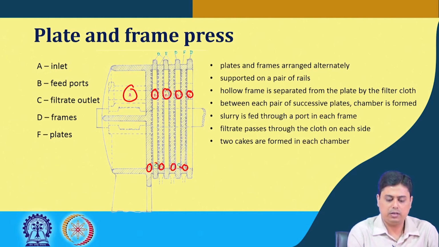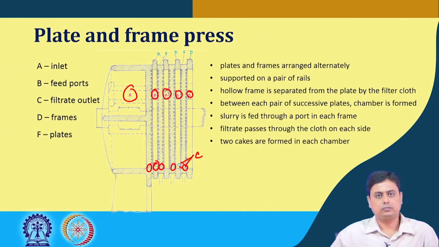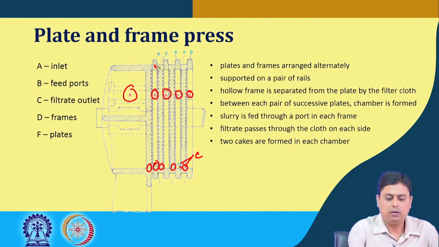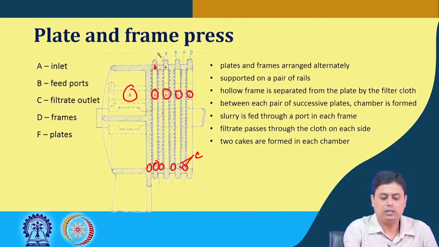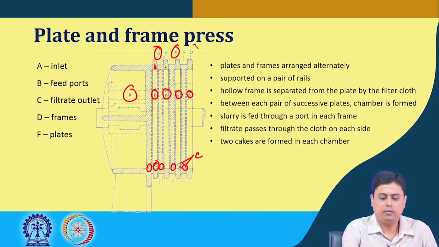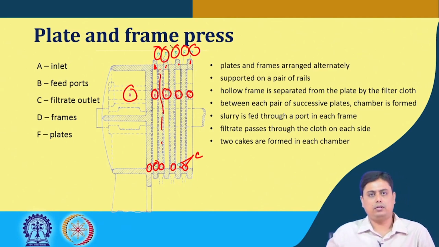So C that is mentioned here. So these are the C points. These are the frame, this D, this is the frame, and these are the plates which are designated by F.